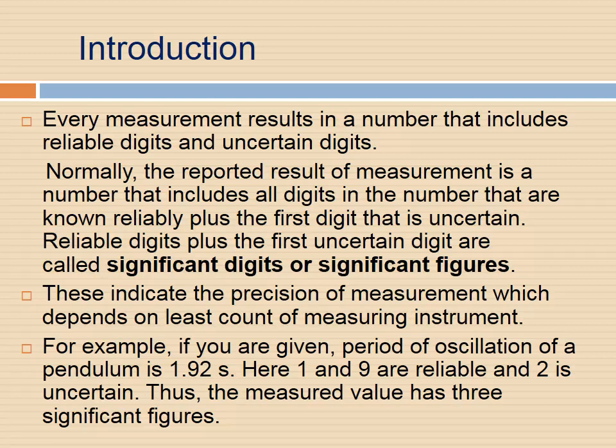This indicates the precision of measurement, which depends on the least count of the measuring instrument. For example, if you are given that the period of oscillation of a pendulum is 1.92 seconds, here 1 and 9 are reliable and 2 is uncertain. Thus, the measured value has 3 significant figures.